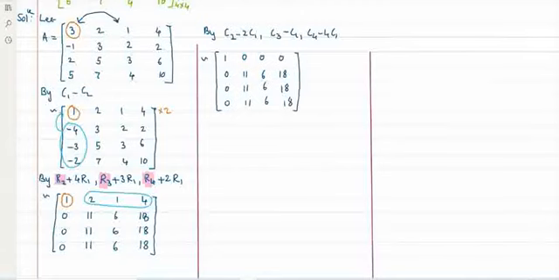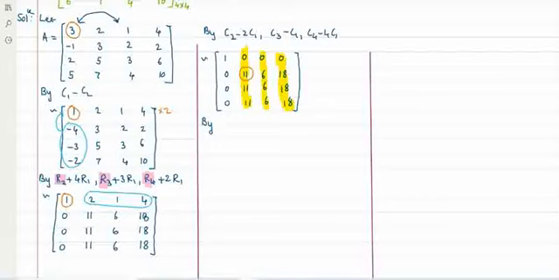Okay. So after that, go through the process again. This element you have to reduce to 0. What is the transformation? R2 minus R3. Now see, one thing you can observe: in the second column, all the elements are 11, right? All the elements of C2 are divided by 11. Similarly, C3 divided by 6, C4 divided by 18.